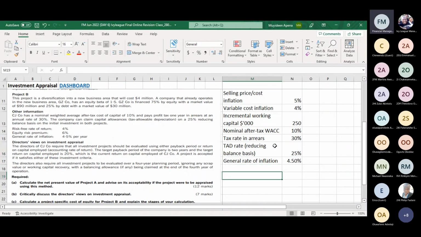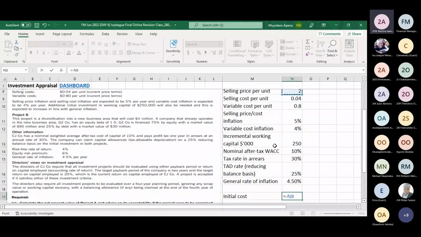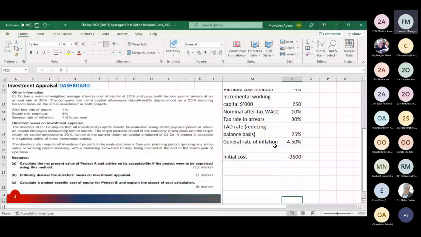So we set up a table, isn't it? So initial cost. What is the initial cost? 3.5, isn't it? Okay.